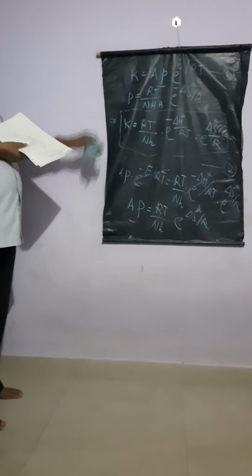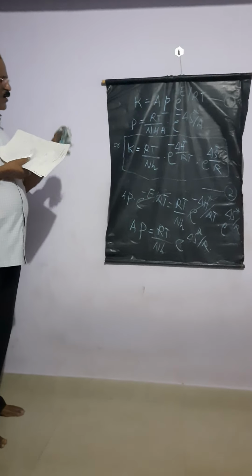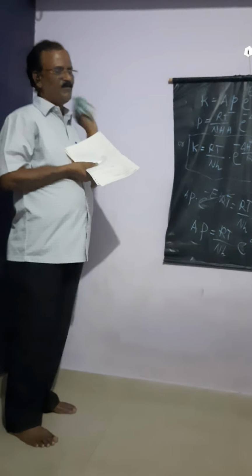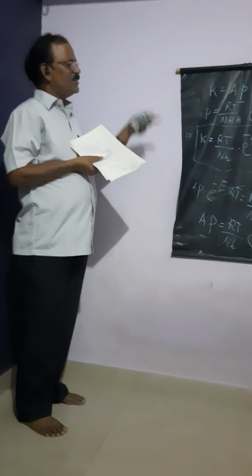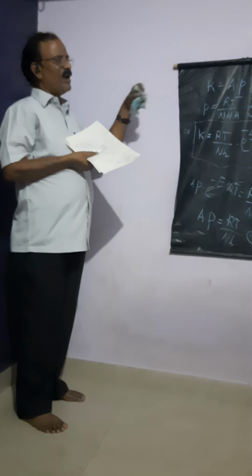Collision theory holds good only for gases, bimolecular reactions, but transition state theory holds good for almost all the molecularity of the reaction. This is another advantage of transition state theory over collision theory.